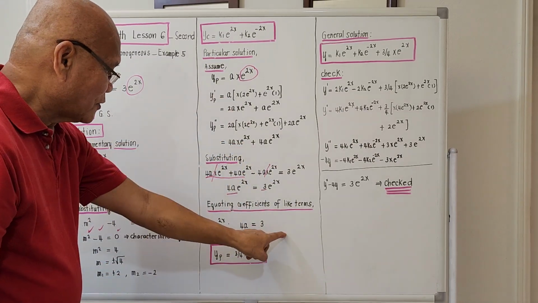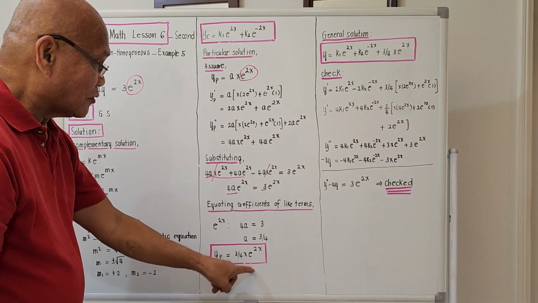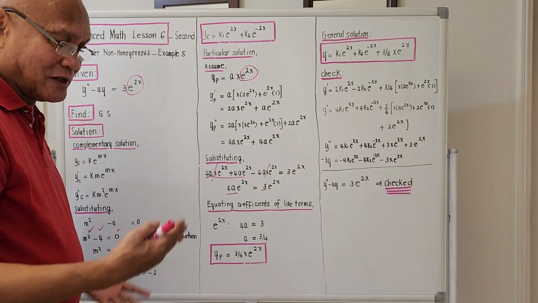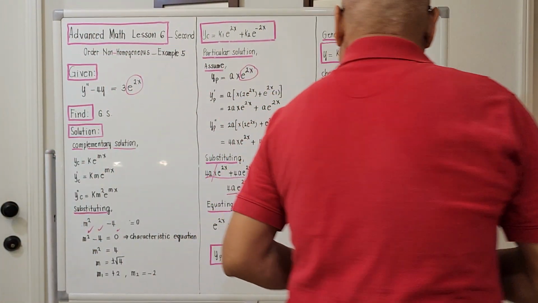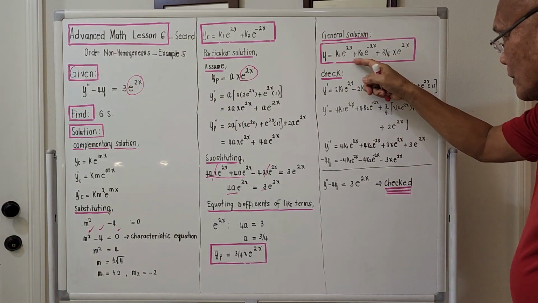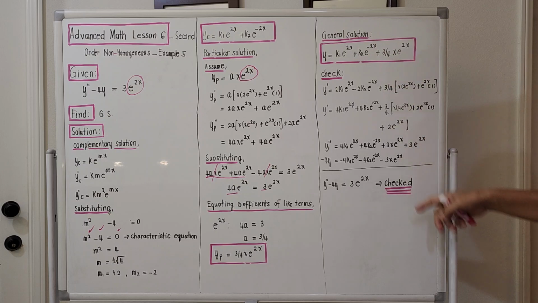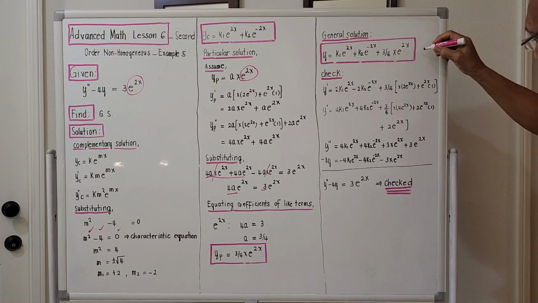And a is 3/4, therefore the particular solution will be 3/4 x e to the 2x. So the general solution will be simply the sum of the complementary plus the particular. This is the complementary solution, q1 e to the 2x plus q2 e to the minus 2x, plus 3/4 x e to the 2x. This is our final answer.